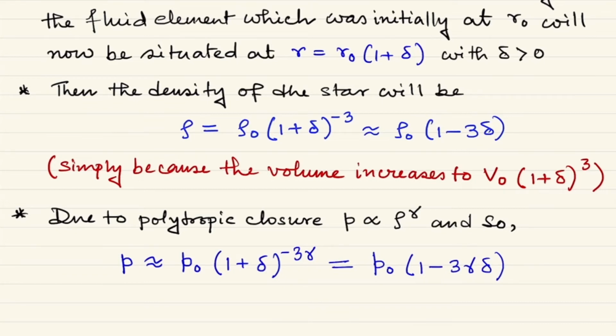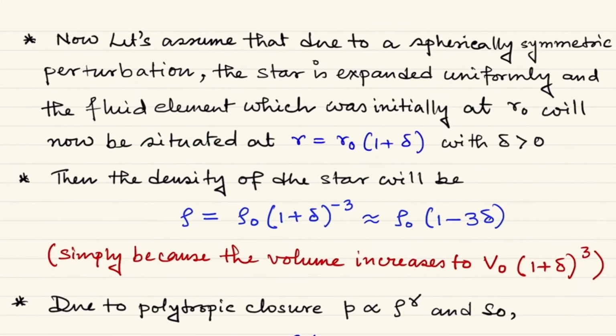P0 will be the corresponding initial pressure. Now we will perturb the position of the particle from r0 to some value r, where r is r0 times 1 plus delta, and this delta is greater than 0, but what I forgot to write is delta is very, very less than 1.